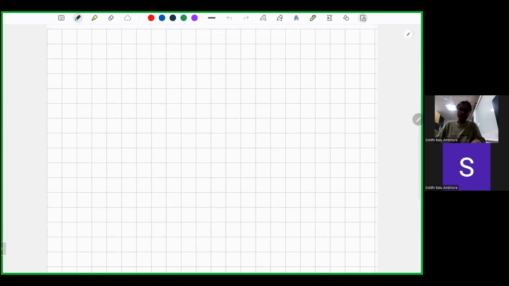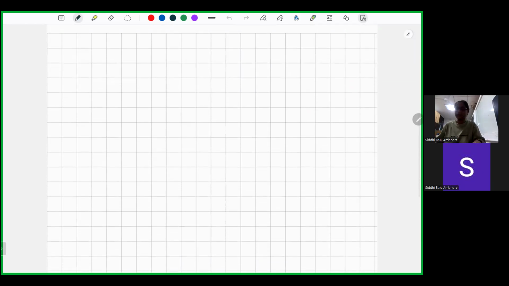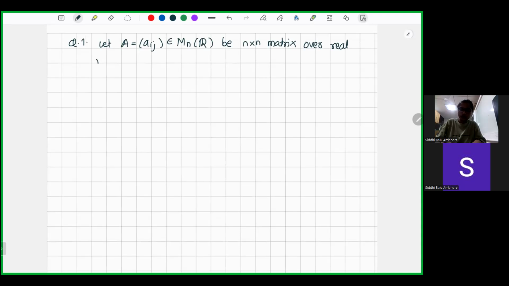Let us start with what we left last time. The question was: let A = (aij) be an n cross n matrix over real numbers.